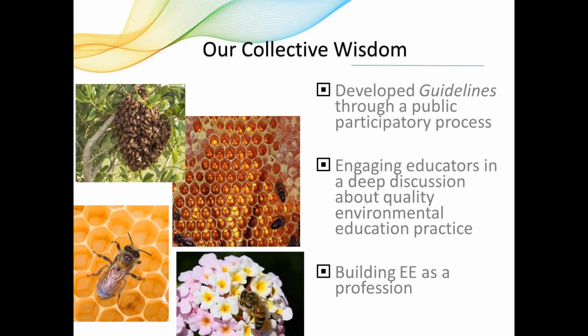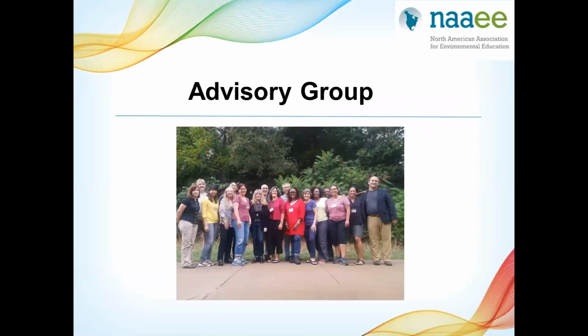One of the things to remember about the development of all of the sets of guidelines is that they're also rooted in research and the literature. Our very first task whenever we develop a set of guidelines is to conduct a broad-based literature review, to learn about what we already know about our field. Another really important piece of the development of the guidelines is our advisory groups.